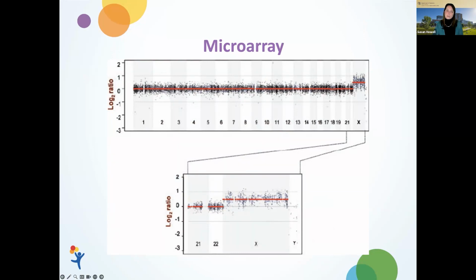A microarray analyzes whether there's a duplication or a deletion present. When we're diagnosing trisomy X, we see a duplication, or more genetic material, along the entire X chromosome. It's this extra material of the X chromosome that's diagnostic of trisomy X.